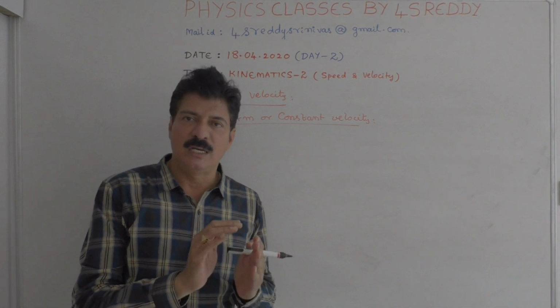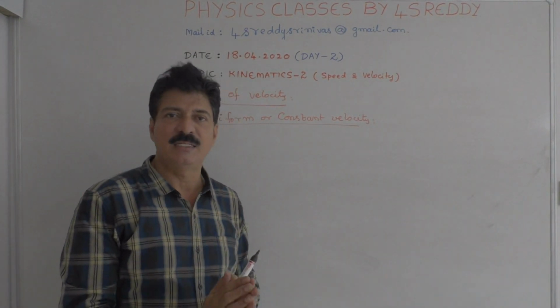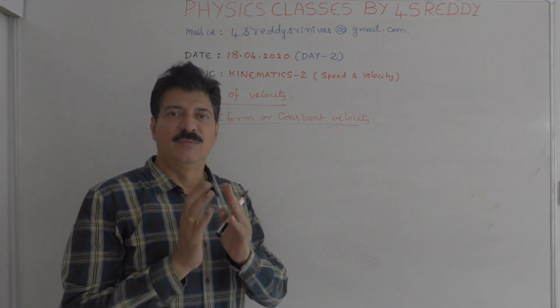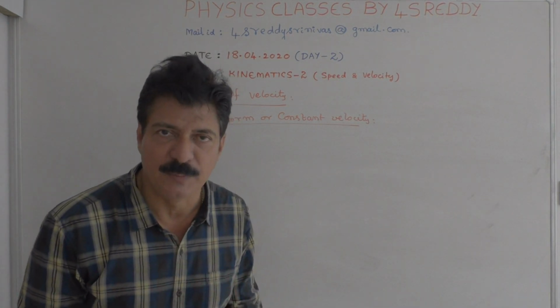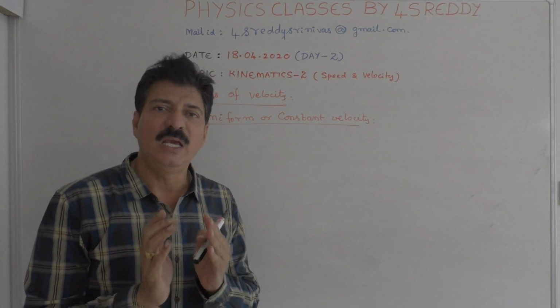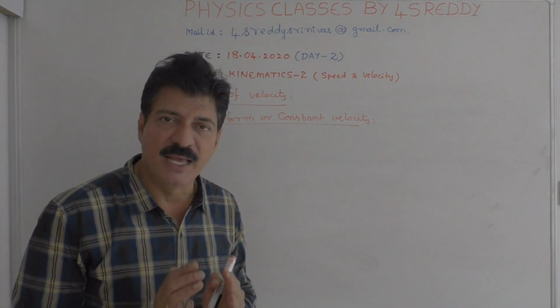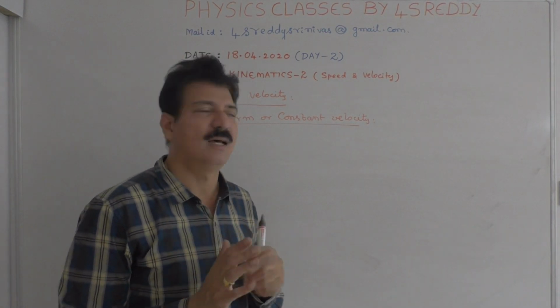Generally, the term speed replaces velocity. So, uniform velocity means if a body possesses equal displacements in equal intervals of time, however small these intervals may be, then the body is said to move with uniform velocity.